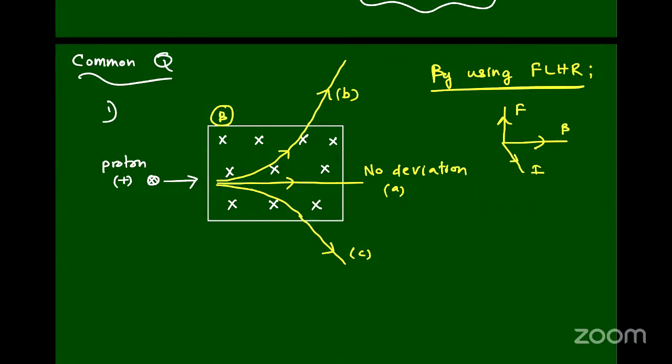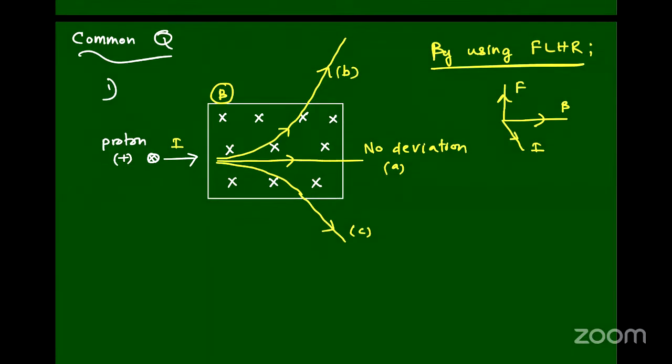So since this is a proton, current direction will be the same as the direction of the movement of the particle. So the middle finger will be placed in that direction.